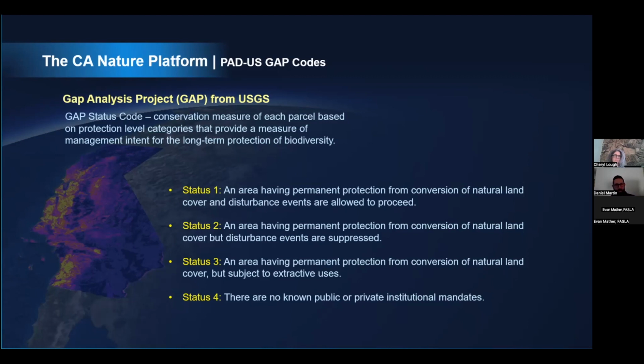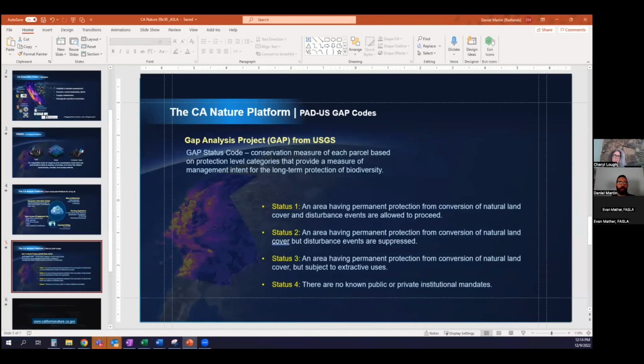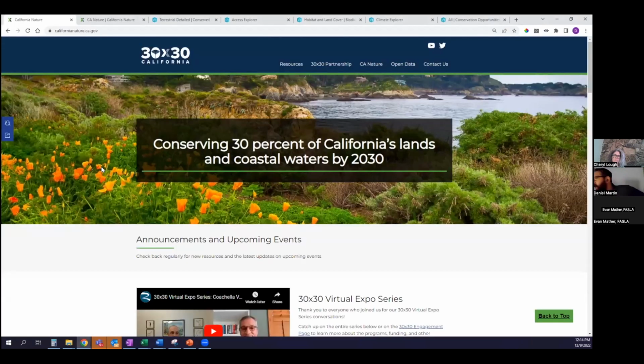And now I'm going to jump over to the CA Nature website. Like I said, this looks like a website, but it's actually a geospatial application. This is the address, californianature.ca.gov.